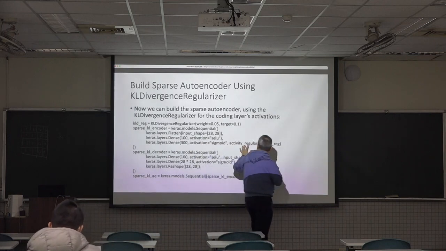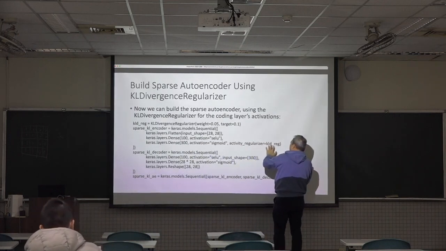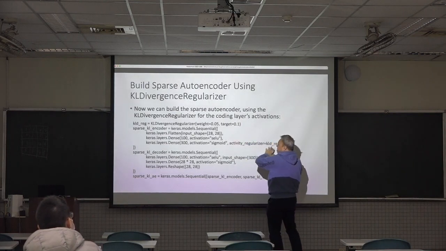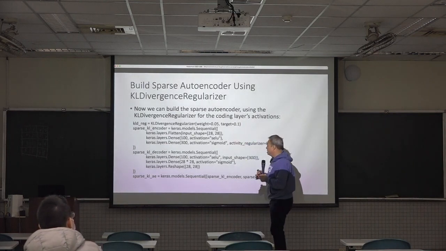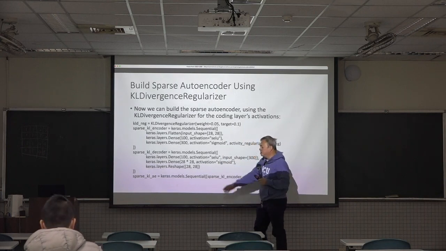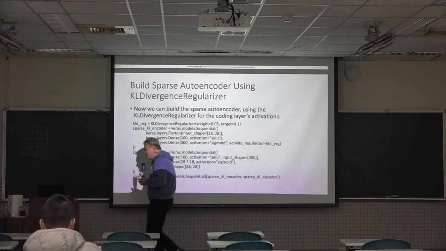We set the activity regularizer to be this KLD reg that we already created, and the decoder remains the same. Then we combine this encoder and decoder to form our sparse autoencoder.